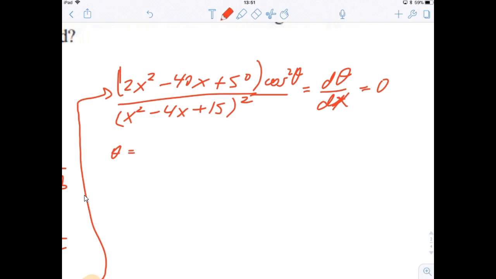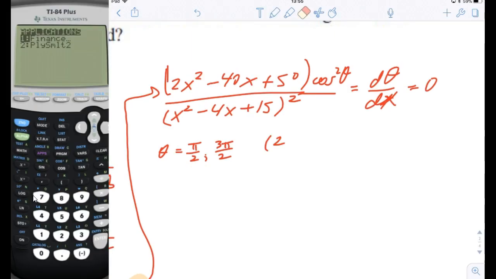Basically, that would be pi over 2 and 3/2 pi. Yeah, those are the two values that make cosine 0. Is there anything that makes 2x squared minus 40x plus 50 equal 0?